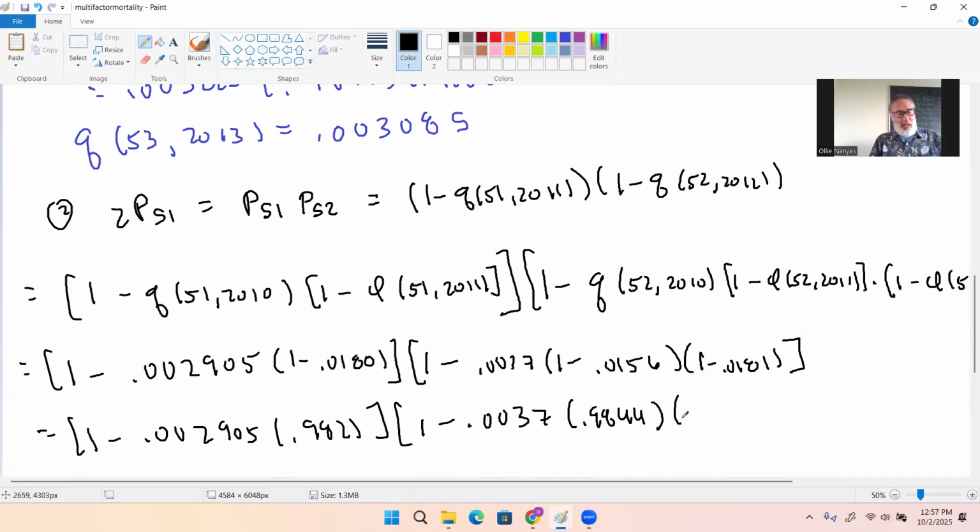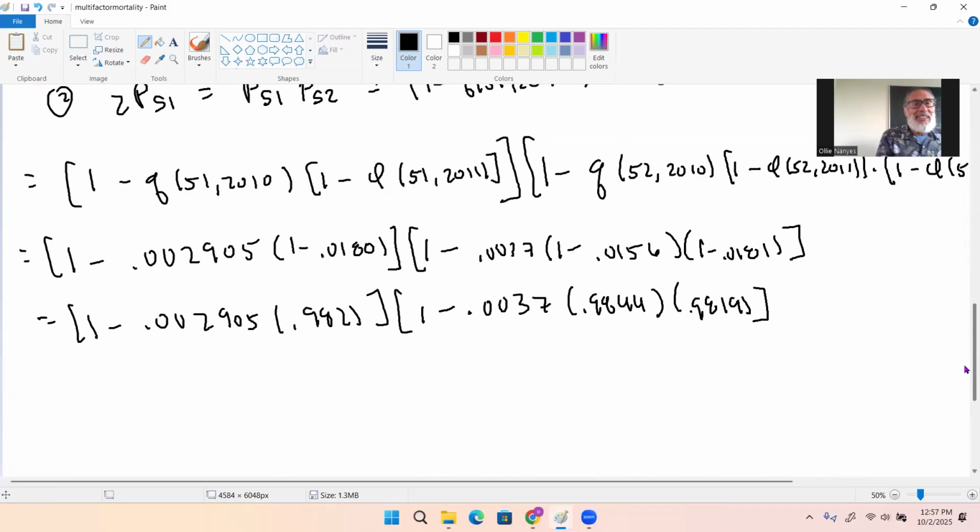And 1 minus 0.0181 is 0.9819. Now I want to do this so you can actually see the mortality improvement and how that changes. So this number here, 0.002905 times 0.982.